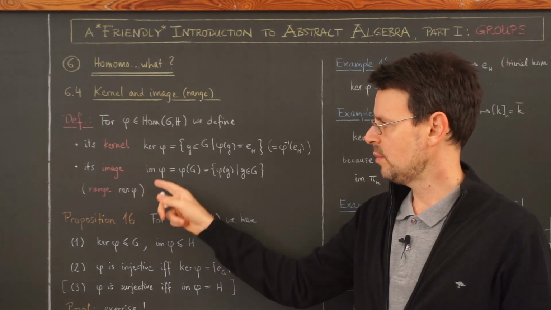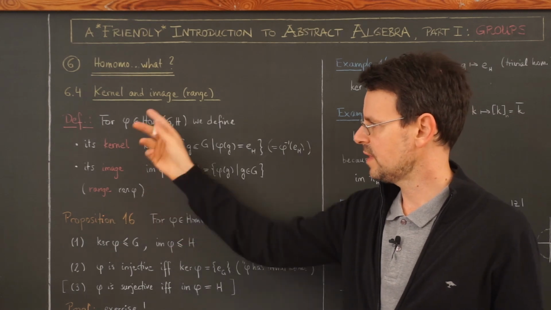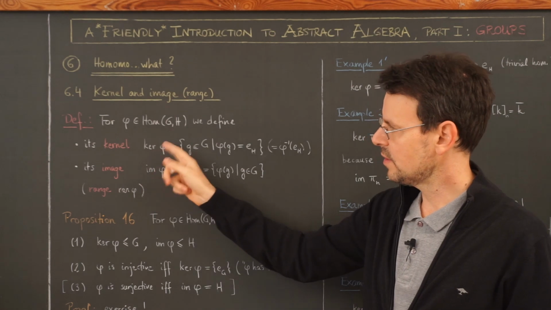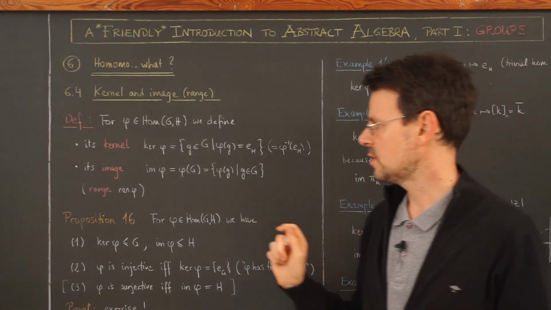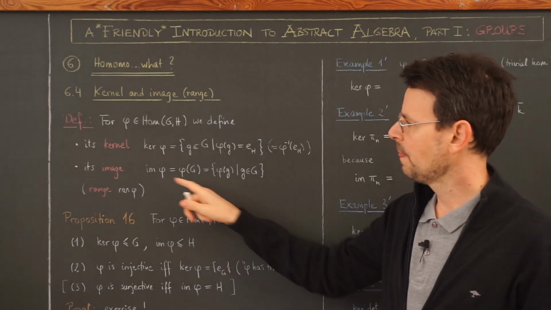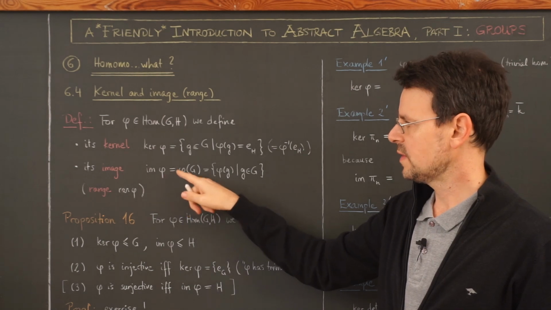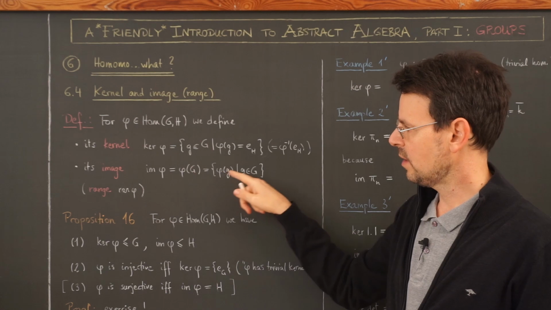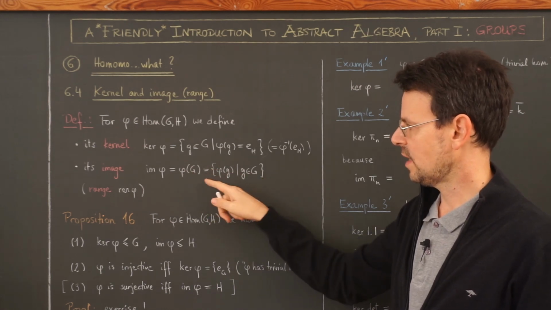Then we have the image. This is simply the definition of the image of a map. This has nothing to do with being a homomorphism, whereas this here is especially designed for homomorphisms. We are going to see why in a minute. So the abbreviation I use is im-phi, which is nothing but phi of G. So I plug in all the elements of G into phi and I end up with this set here.